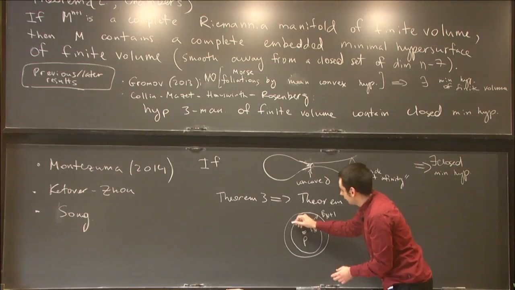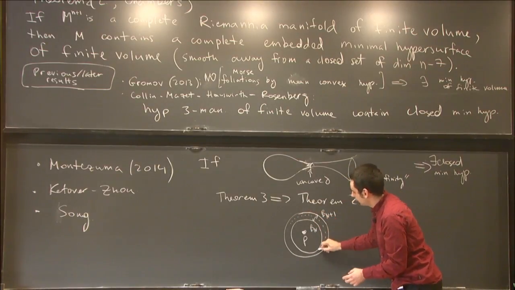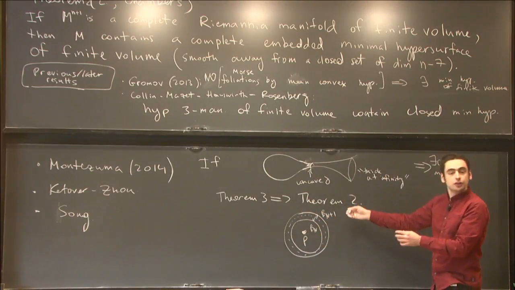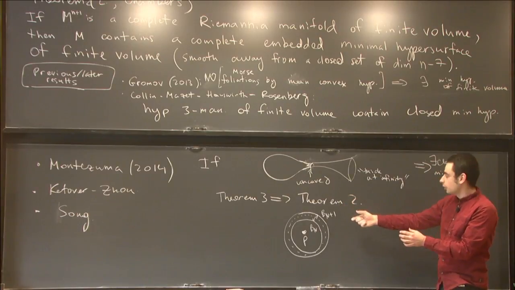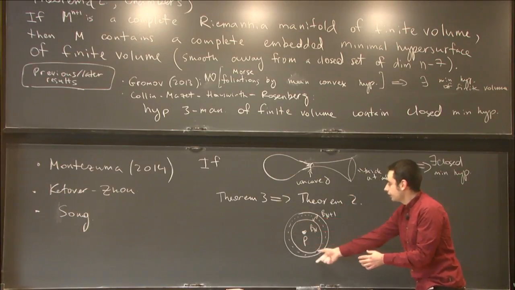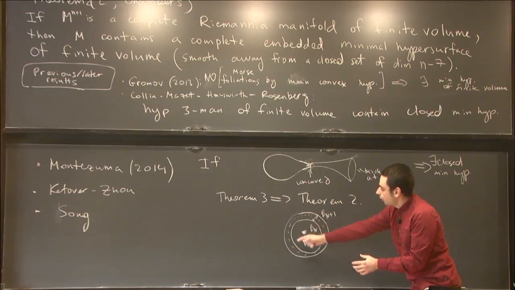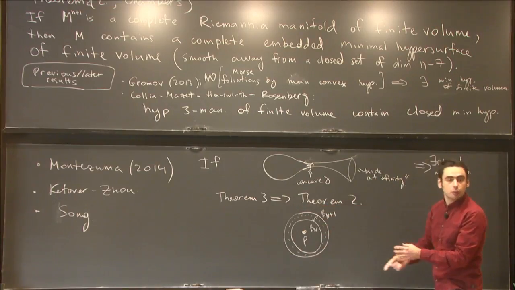And then by the coarea inequality we can pick a geodesic sphere which will have smaller and smaller volume, smaller and smaller area. And so we can find a boundary of a geodesic sphere of arbitrarily small size.